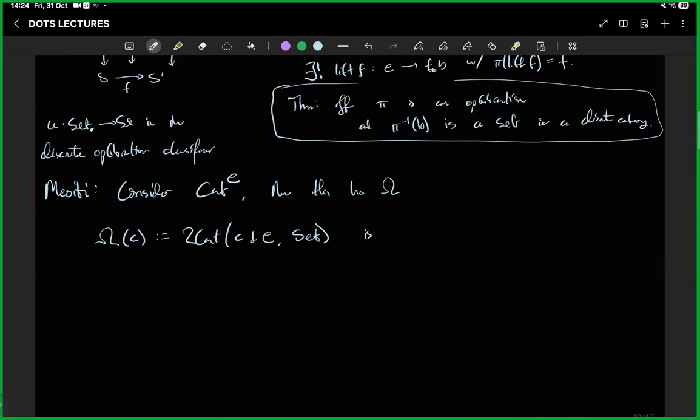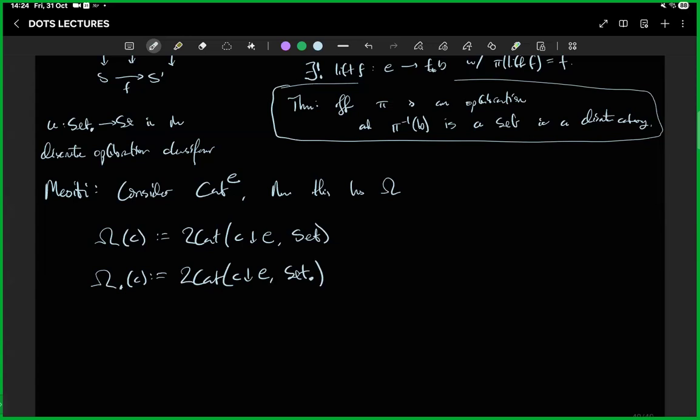And then we can, of course, I need to tell you what omega dot C is. I didn't tell you what this is in the decategorified case, but it's very obvious. You just go into set dot.